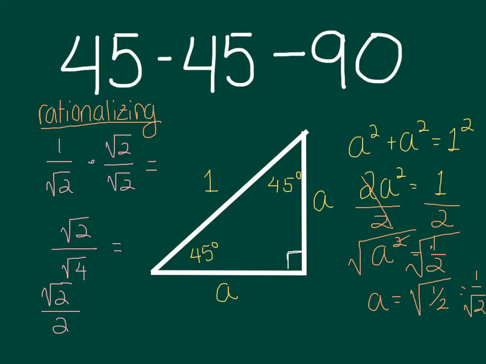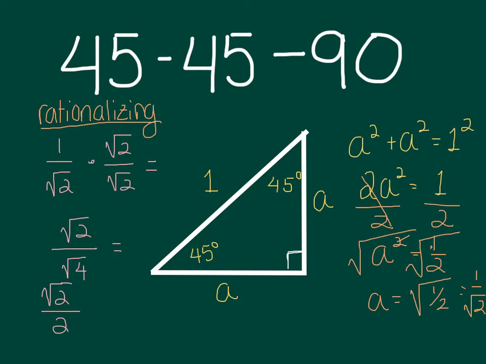So what they decided to do was multiply by a fraction that's equivalent to 1 that would make the denominator a whole number. So essentially what you do is you multiply it by the square root of 2 over the square root of 2, since we had a square root of 2 in the denominator.